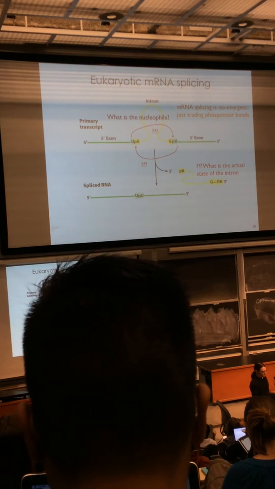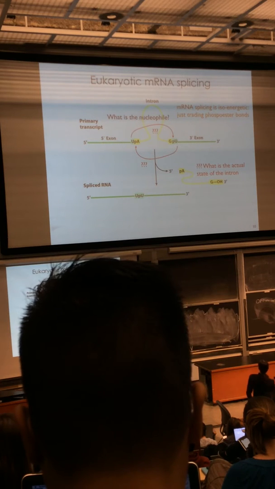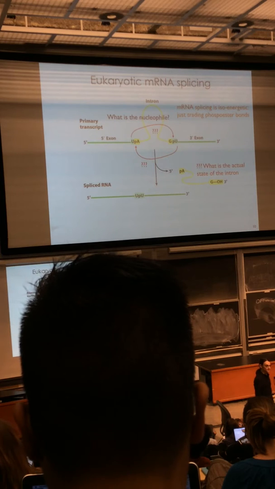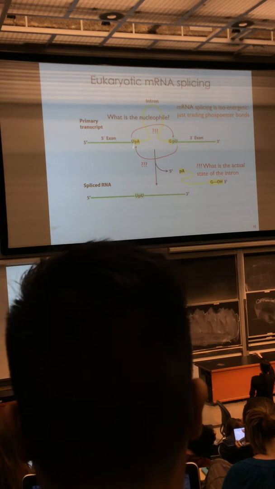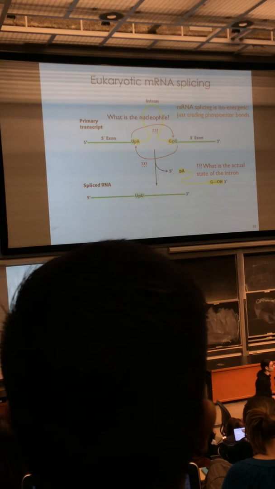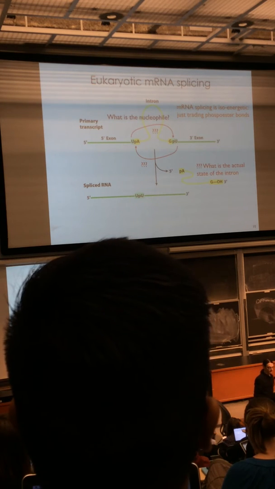It's an isoenergetic process, so you're just trading phosphodiester bonds back and forth. But there's no nucleophile here in the RNA to serve as a point of attack. Both the very end of the upstream exon and the very beginning of the downstream exon are already involved in phosphodiester bonds. There's also this question about what would be the exact chemical state of the intron.